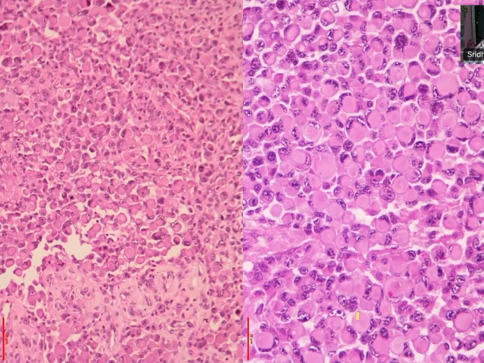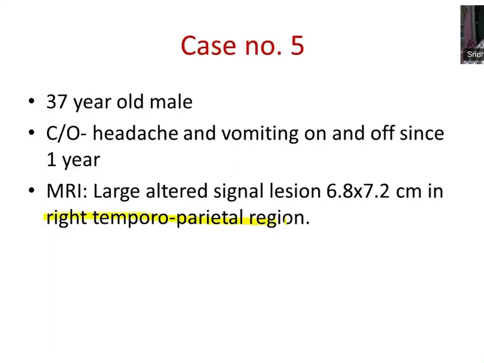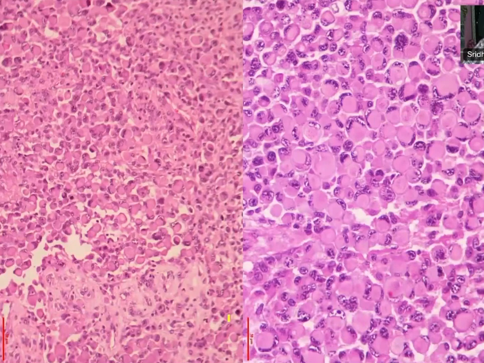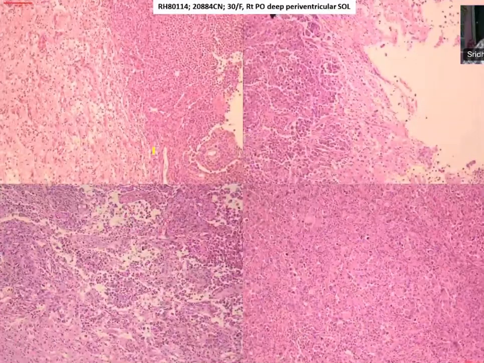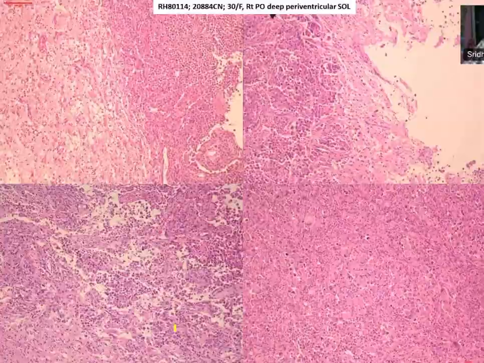As per here, you can see that this is an intraaxial tumor of the right temporoparietal region. This is the morphology. You can see the normal parenchyma here, and this is the cellular tumor. You can draw a line to distinguish, but still some cells are infiltrating here. I tried to put in the interface at higher power.